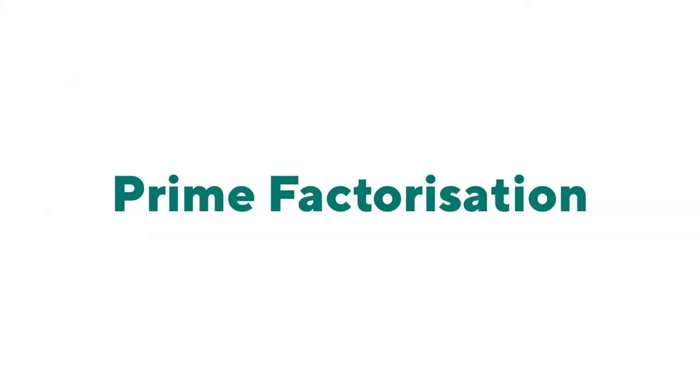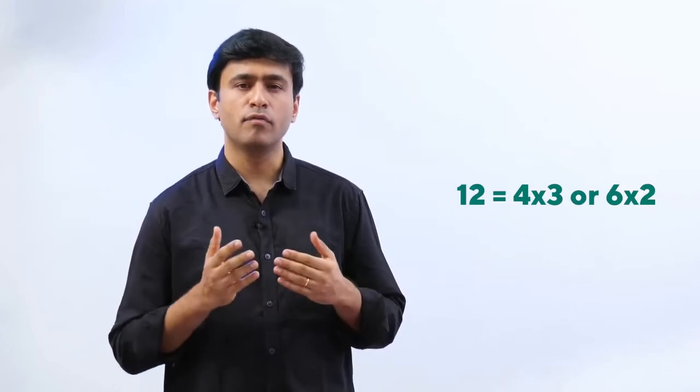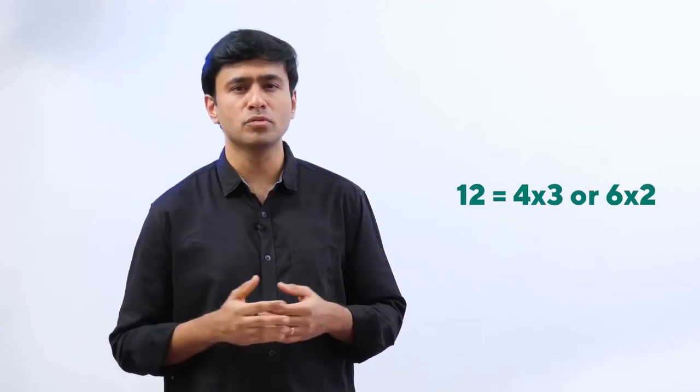After that, we learnt about prime and composite numbers. Now let's talk about prime factorization. What is factorization? Writing a number as a product of two or more numbers is called factorization. For example, 12 can be written as 4 into 3 or 6 into 2.